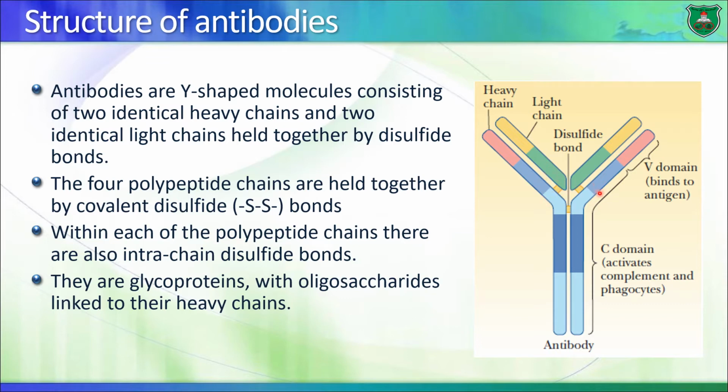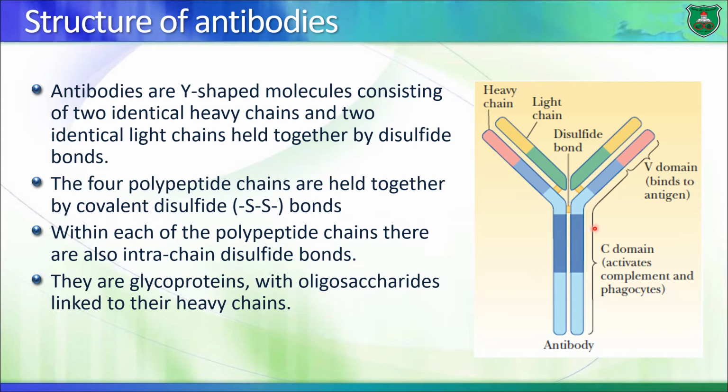These 4 polypeptides are connected to each other via disulfide bonds. The 2 big ones are linked by disulfide bonds, and each little one is also connected to a big one by a disulfide bond. Within the same chain there are also disulfide bonds, stabilizing the structure of the molecule.